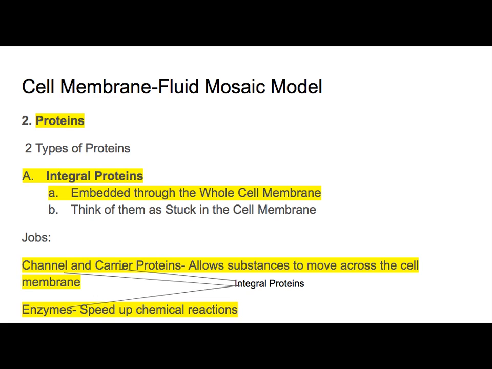So they get stuck in the membrane. Or like they're embedded, whatever you want to say.